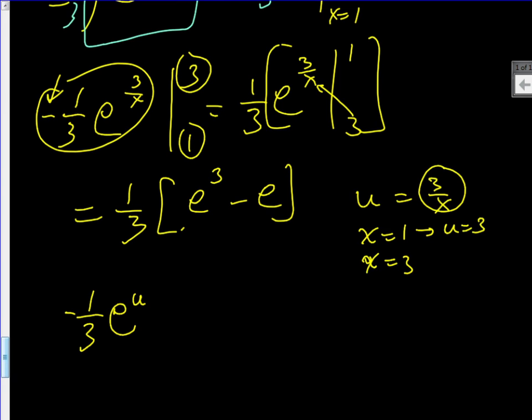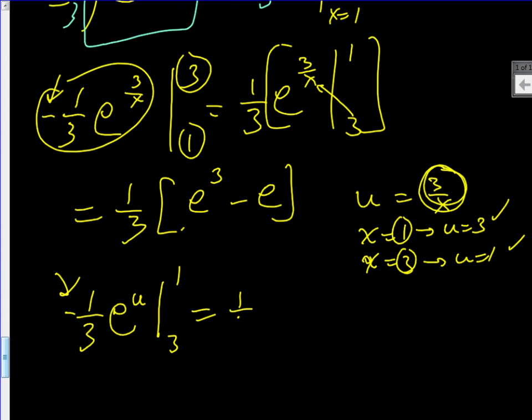And if x is 3, 3 over 3 is 1, so u is 1. Coincidentally, they swap. They did not have to swap. So we used to be going from 1 to 3. Now we go from 3 to 1. Oh, there's that silly negative in front right there.